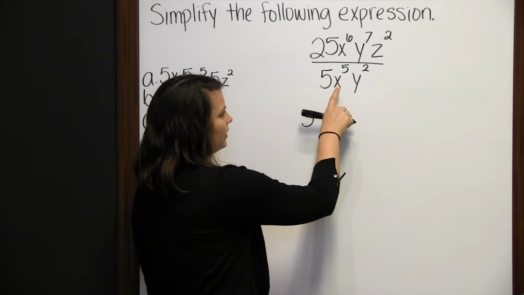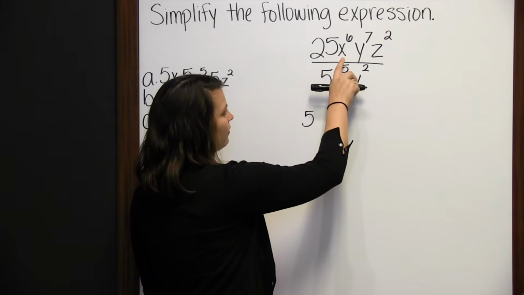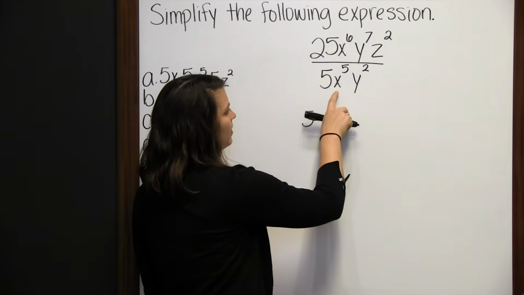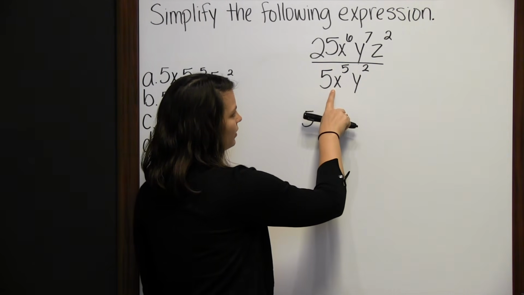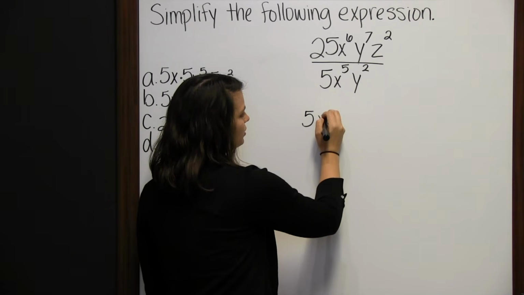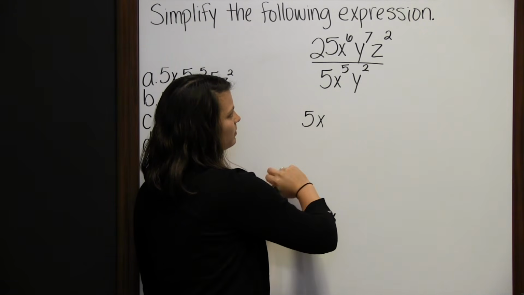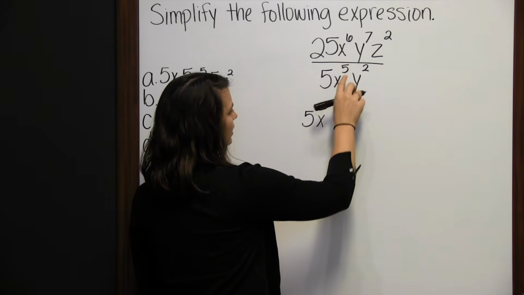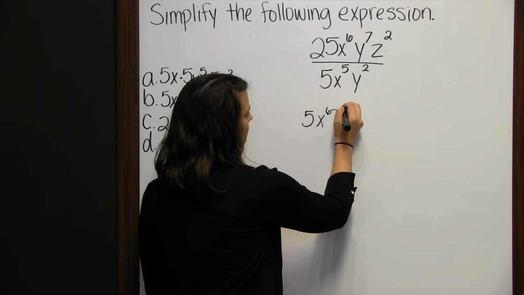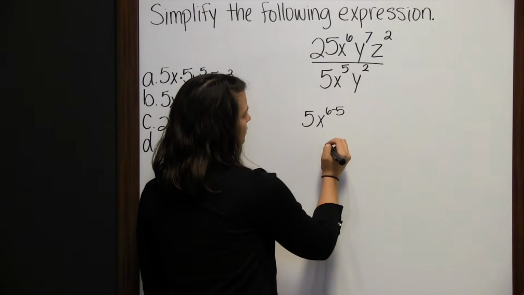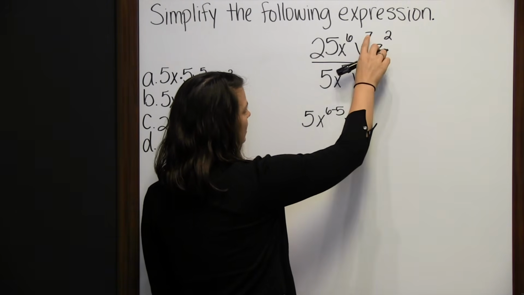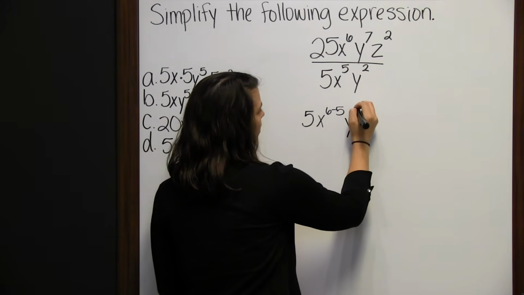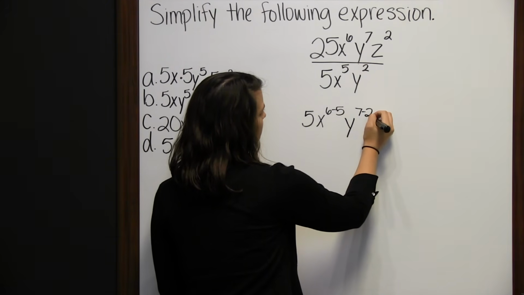When you divide and you have the same bases, like x to the 6th and x to the 5th, then all we have to do is subtract the exponents. So it's 6 minus 5. And then same thing with y. So it's y to the 7th divided by y squared, or y to the 7 minus 2.